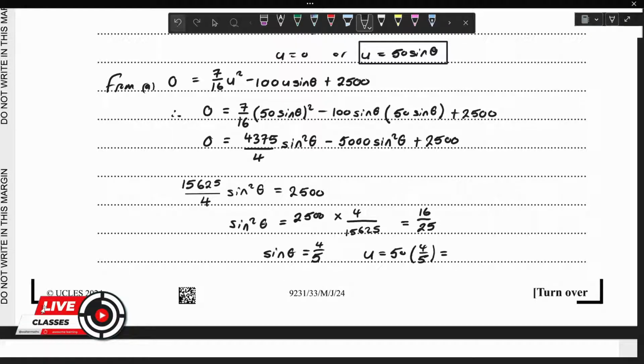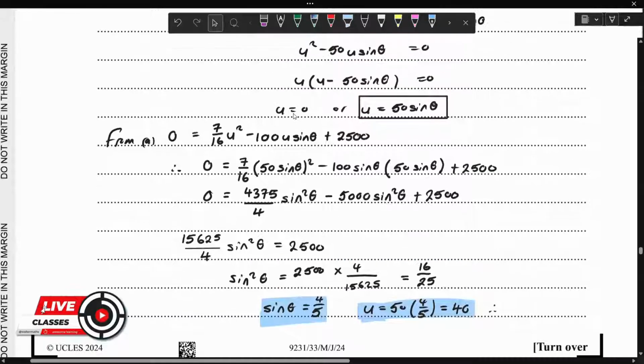And what is that? 40. U is 40. So this is what we get: sine theta is 4/5, u is 40. I hope you understood what we did here.